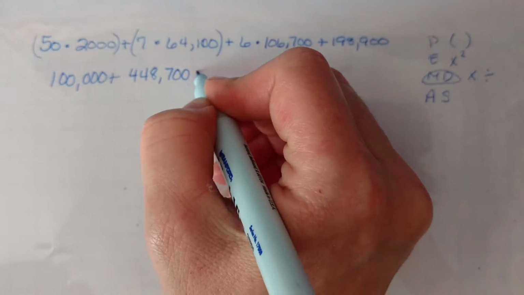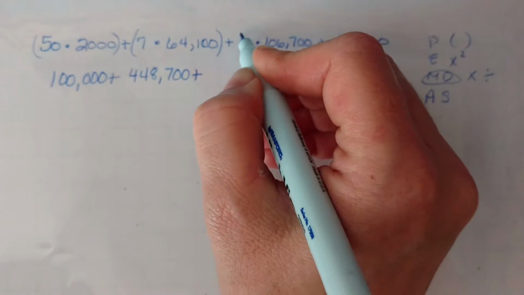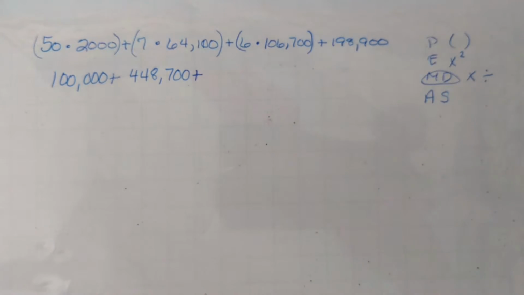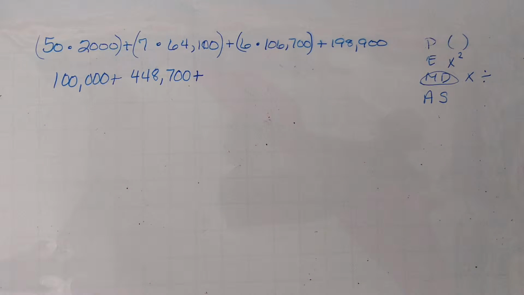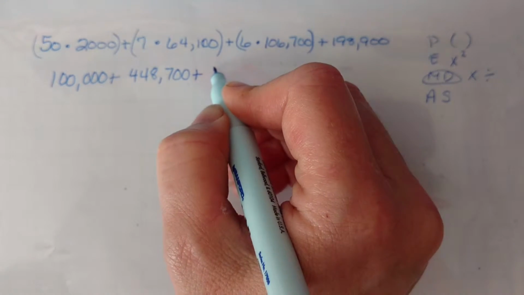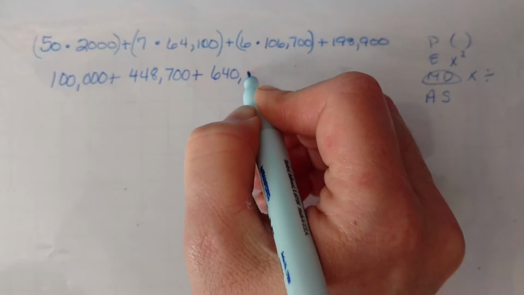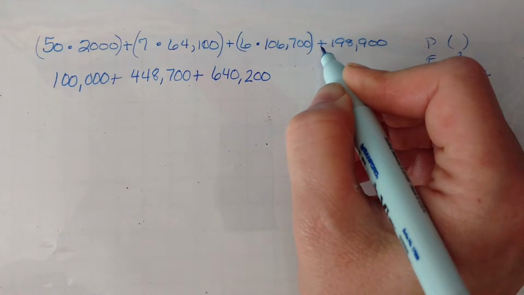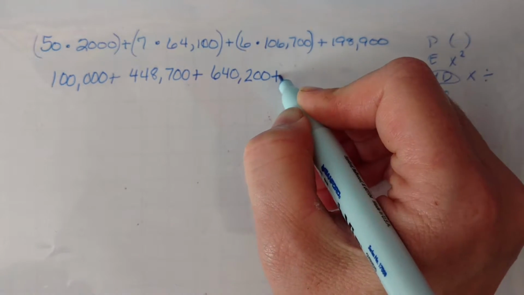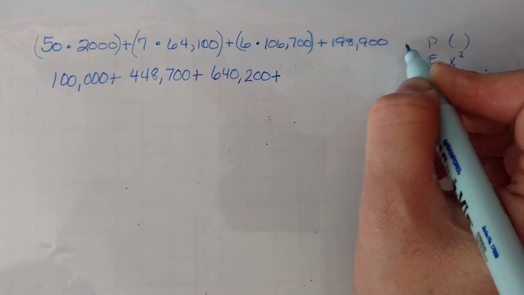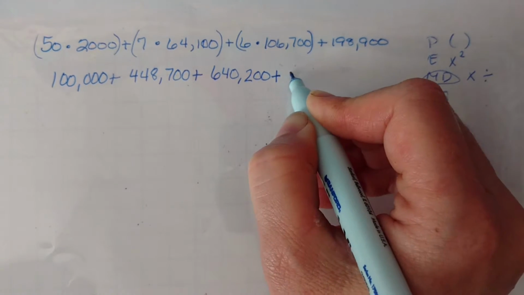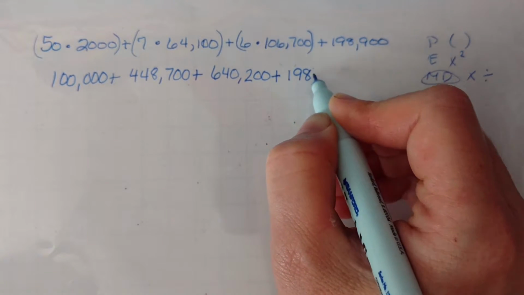Bring down my plus sign because I'm not using that. The next thing I see is another multiplication problem: 6 times 106,700, which gives us 640,200. Again, I'm not ready for this plus, so I bring it down, and there is no operation occurring right here, so we just copy that number down as well.